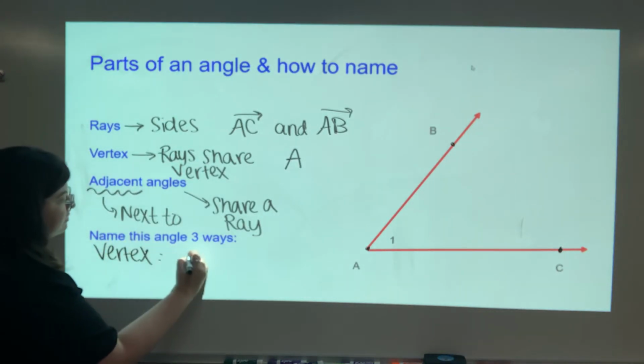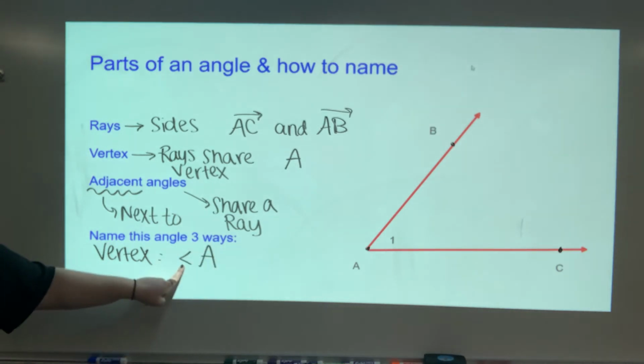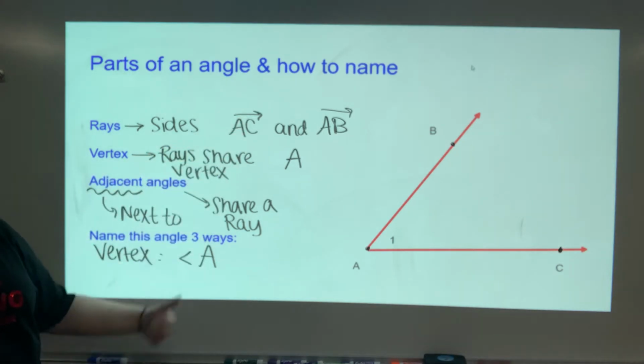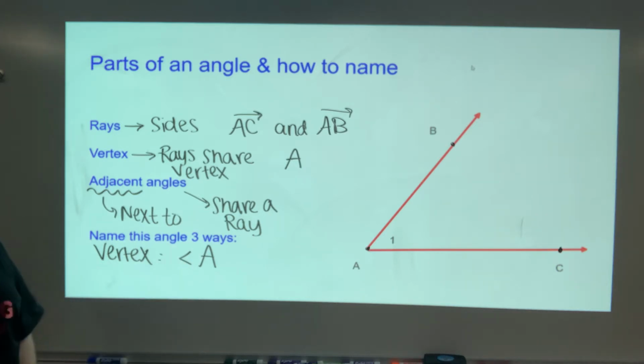We like to have that little angle symbol there so we know we're talking about an angle. Kind of like last week we used the line notation on top of two points to indicate a line, a ray, or a line segment. Here we just add a little mini angle in front of our vertex.